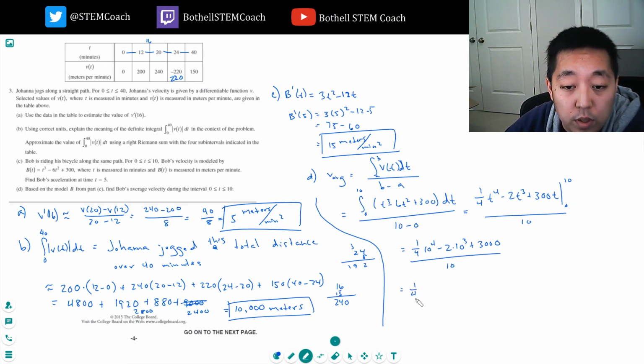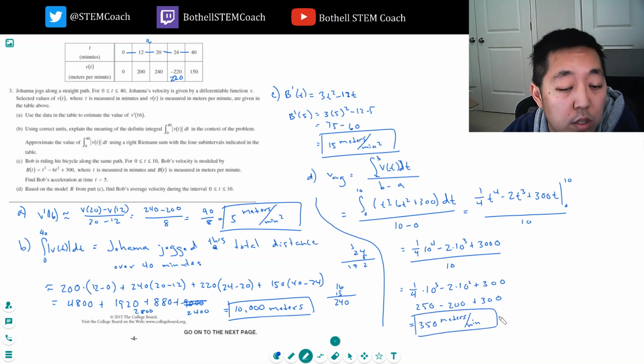This is 1/4 times 10 cubed minus 2 times 10 squared plus 300. So this is 1,000 divided by 4. That's 250 minus 200 plus 300. And so that's 50 plus 300, or 350. And the units of this are meters per minute.